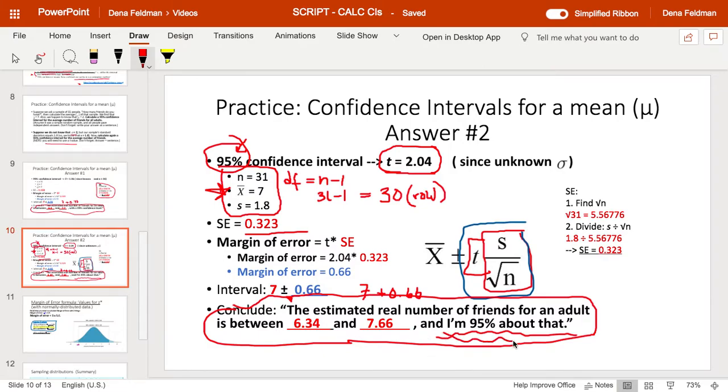A more formal language might be to say at the 95% confidence level.